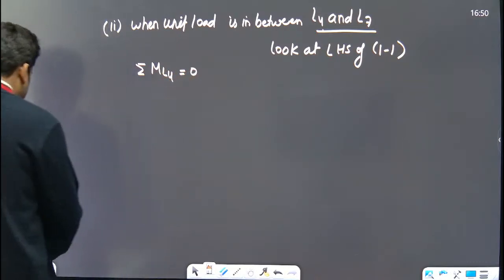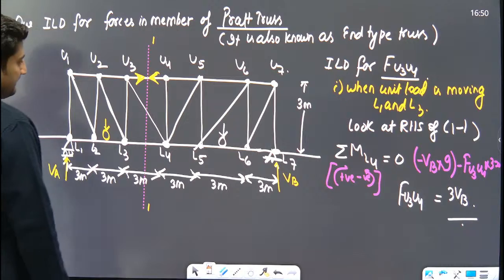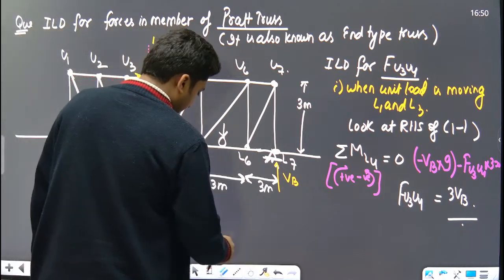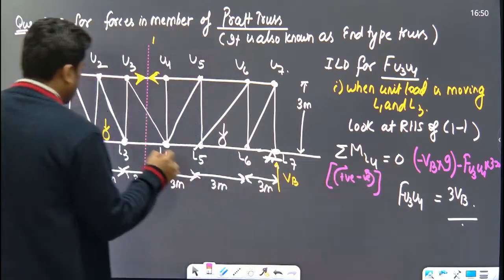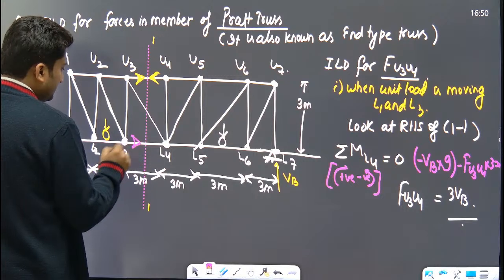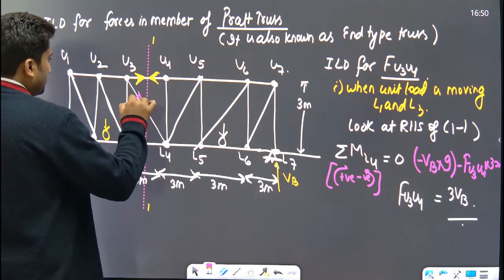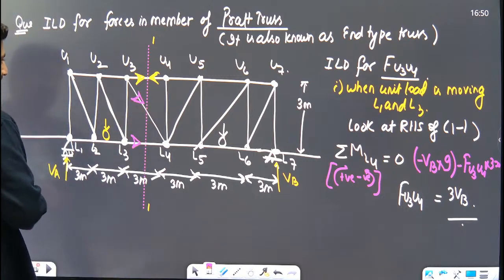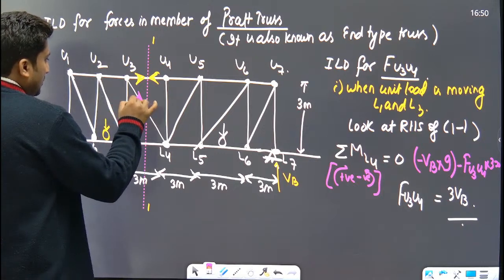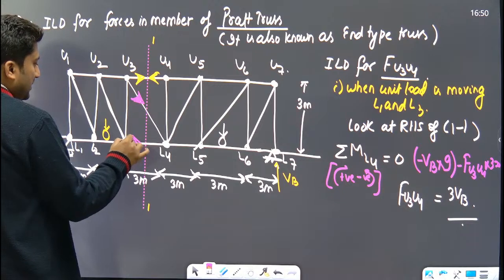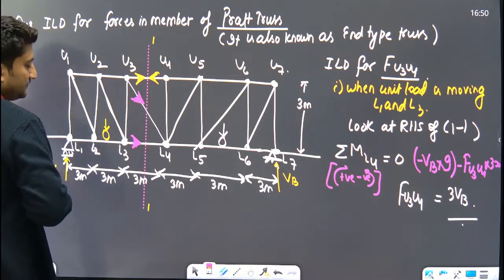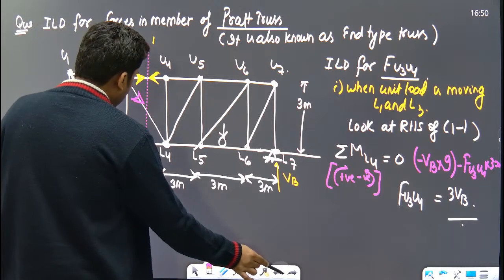So how many forces are there at the left hand side of 1, 1? Let us suppose this is one of the forces, this is one of the forces, this is one of the forces, and VA is the force. What is the moment of this force about L4? This is 0. What is the moment of this force about L4? It is also 0. So no need to take these.